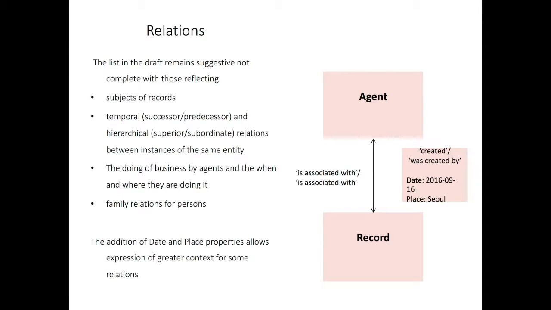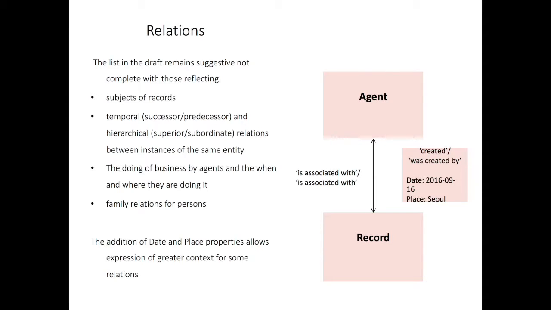For agents, as well, there are relations with the occupation, position, and business entities reflecting the doing of business that creates records, as well as some that reflect the when and where that business was being done. And finally, for agents with the type person, there's also a group of relations which relate to family relations, the relations between people, relations proper in a sense.